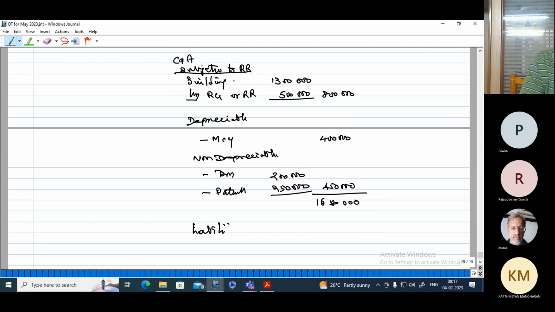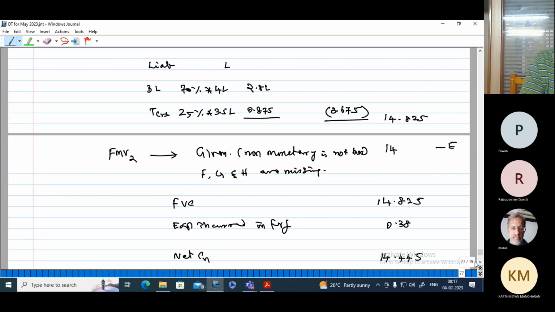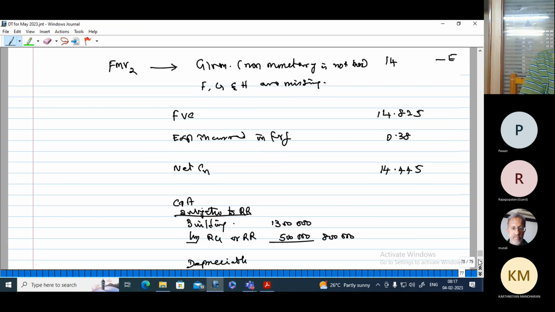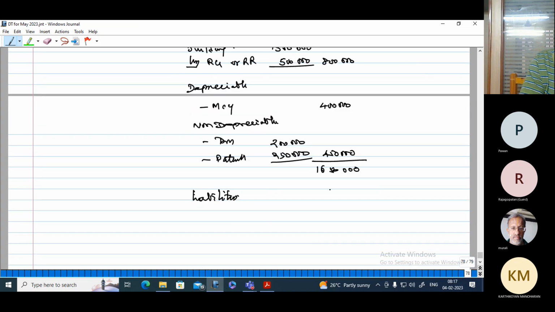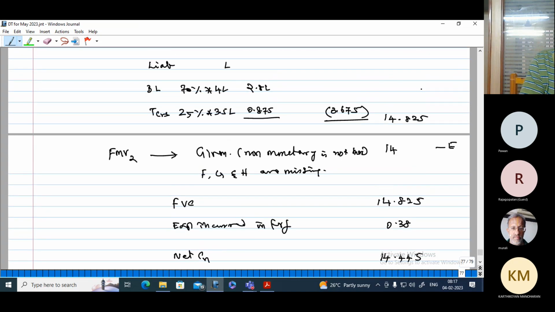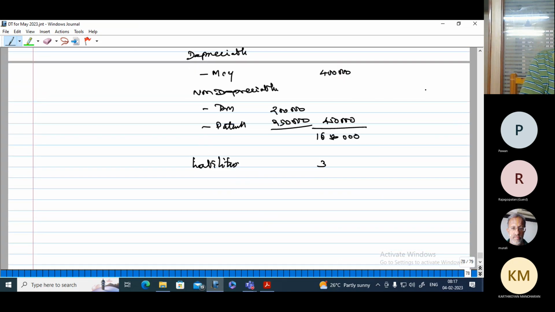Liabilities, which remained the same as in the previous case, 3 lakh 67,500. I hope that it should be right. 16 lakhs 50,000 minus 3,67,500 is 12,82,500 as the cost.